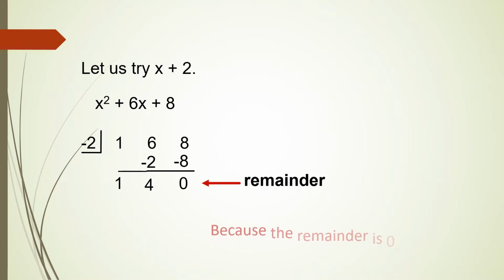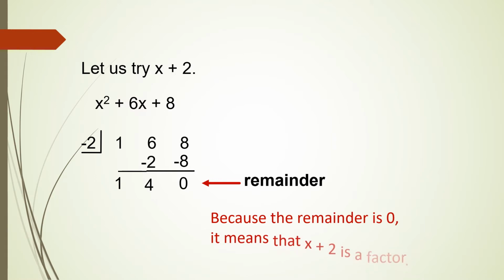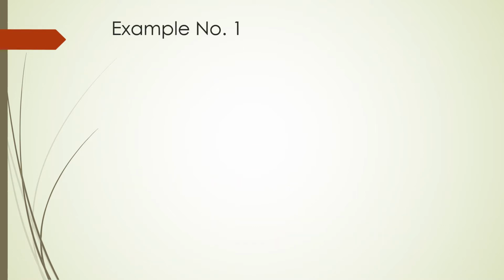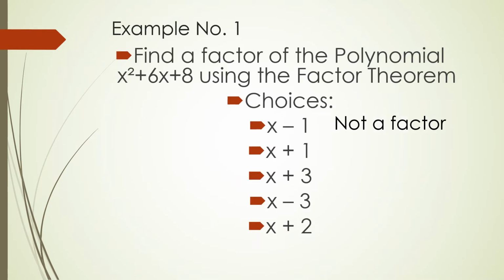Since the remainder is 0, it means that x plus 2 is a factor. So one of the correct factors is x plus 2. Going back to the choices, x minus 1 is not a factor, and x plus 2 is a factor.